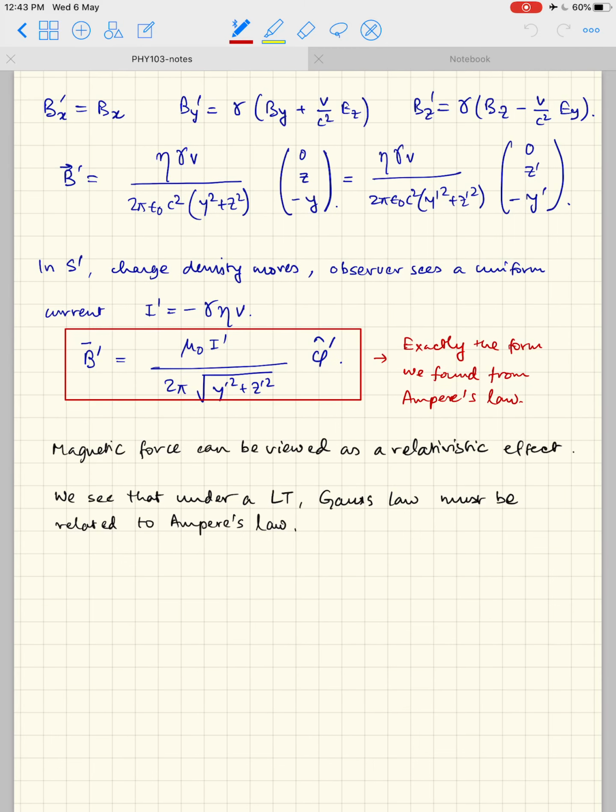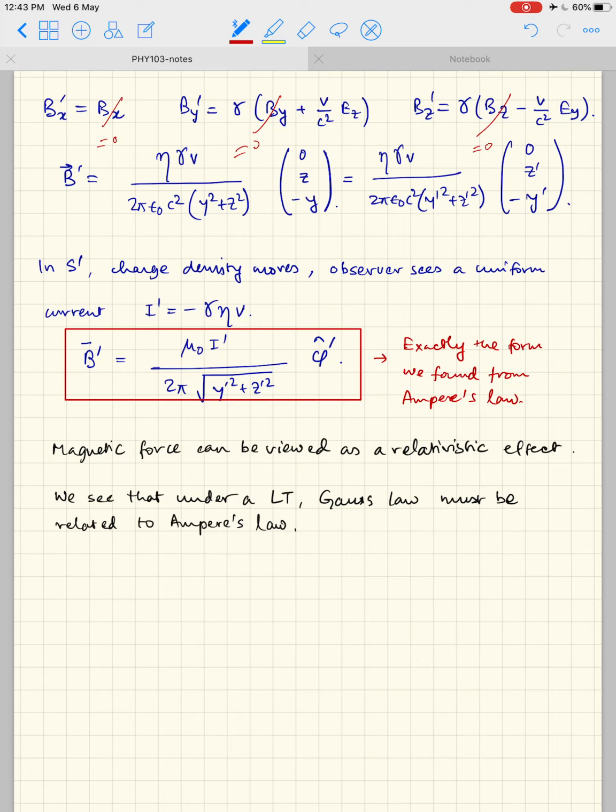But what is interesting is what the magnetic field is. The magnetic field to start off was 0, so all the B's were equal to 0 in this expression. So this was equal to 0, this was equal to 0, as was this. And so B prime was just given by the Ez's and Ey's.